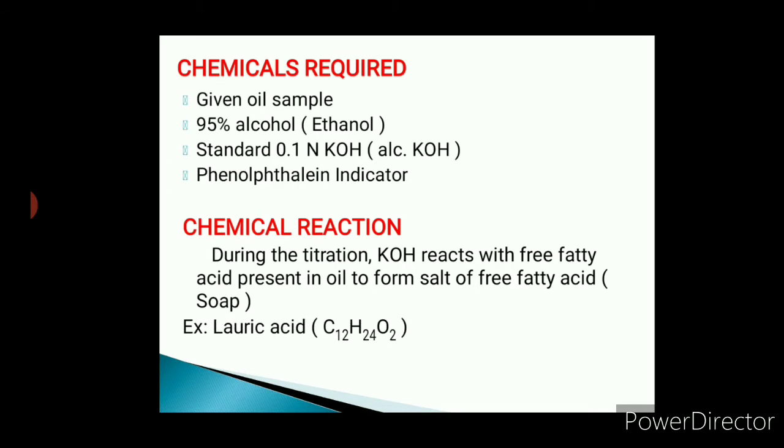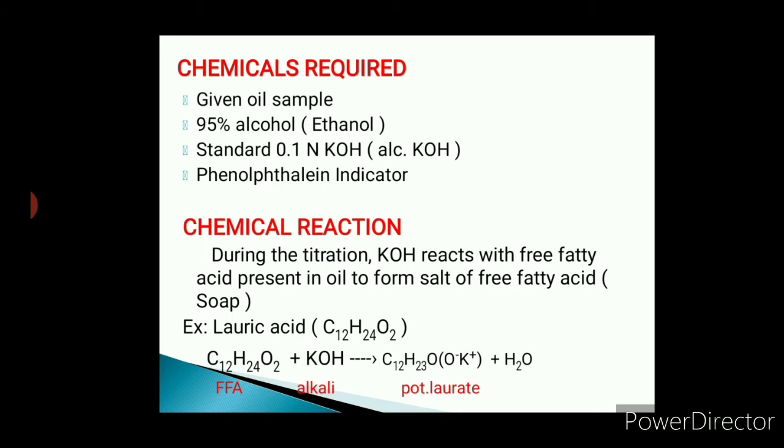For example, we have taken lauric acid. How it undergoes reaction, we'll just see. Lauric acid chemical formula is C12H24O2. Here C12 is the length of the carbon chain; in the carbon chain of this free fatty acid there will be 12 carbon atoms.